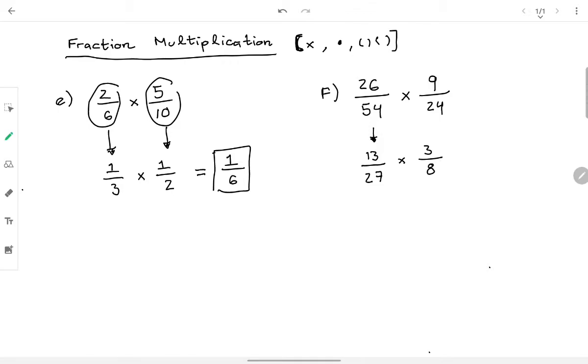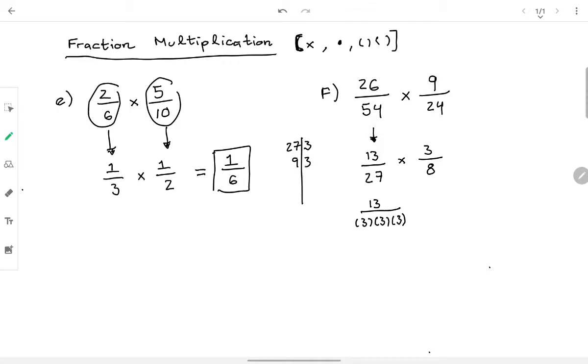Then we can multiply and then simplify, or we can decompose these numbers. 13 cannot get decomposed. 27 is 3 multiplied by 3 multiplied by 3. If we don't know how to decompose a number, we can make prime number decomposition.